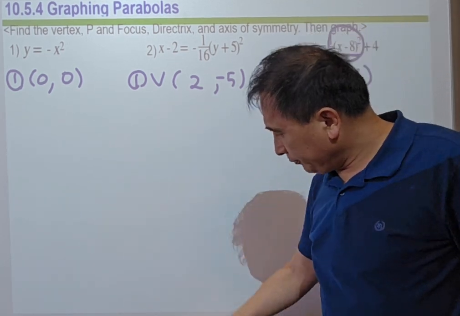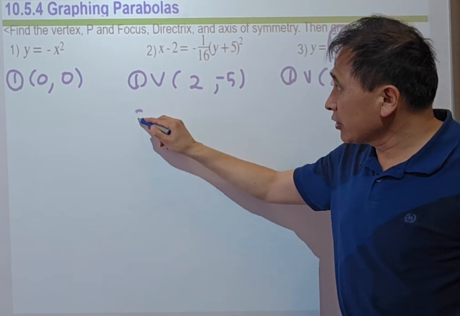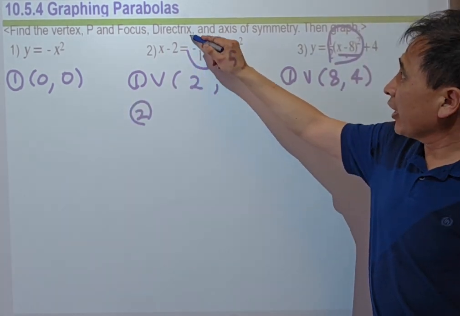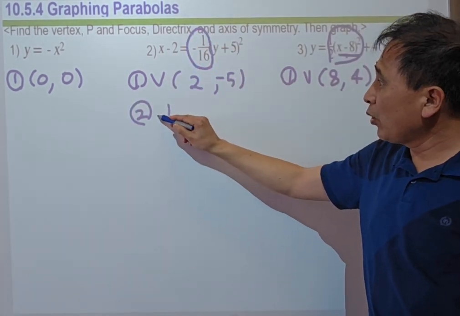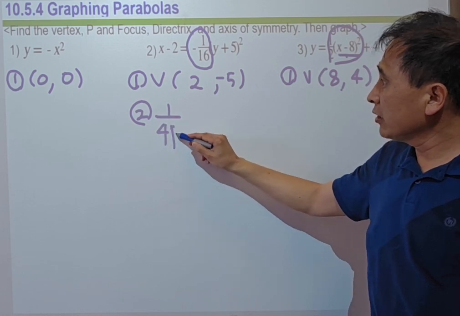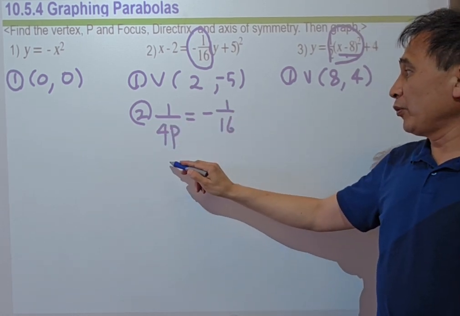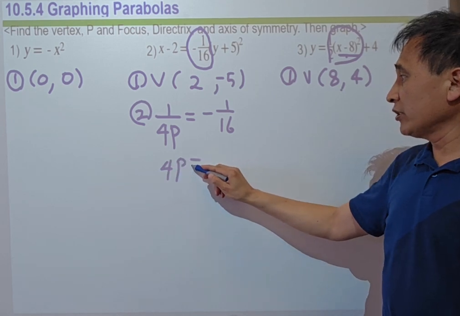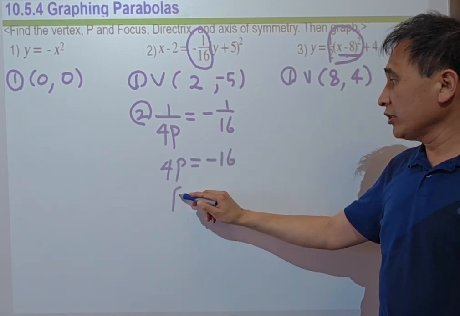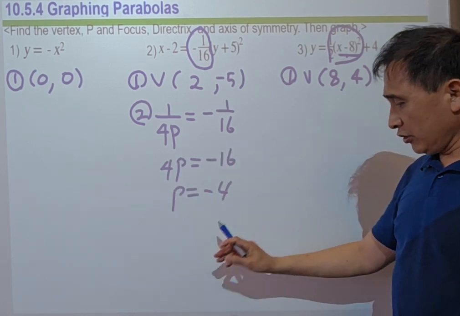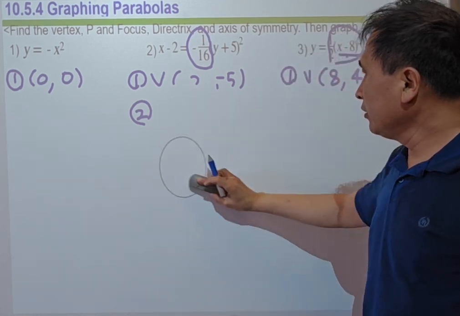From the second one, negative 1 over 16 is 1 over 4p. We take the reciprocal of both sides, then 4p equals negative 16, so p equals -4.